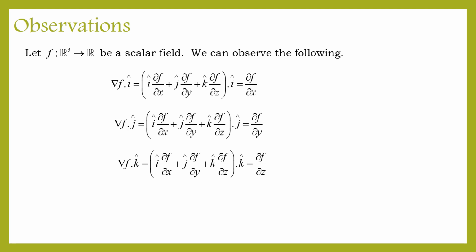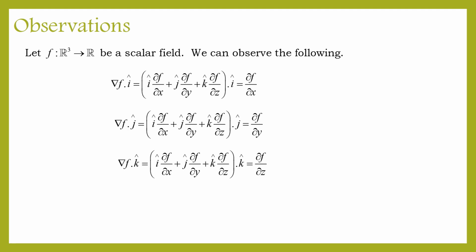What is dou f by dou z? Dou f by dou z is the directional derivative of the given surface W is equal to f of x comma y comma z in the direction of z. It is given by del f dot k cap. So here the partial derivatives dou f by dou x, dou f by dou y, dou f by dou z give us the directional derivatives of the given surface in the direction of x-axis, y-axis and z-axis respectively.